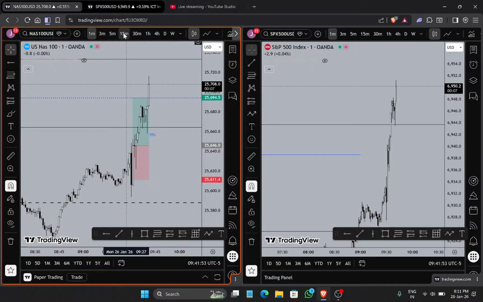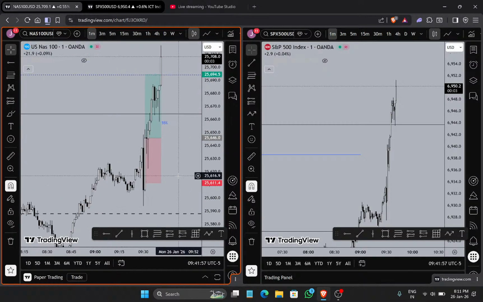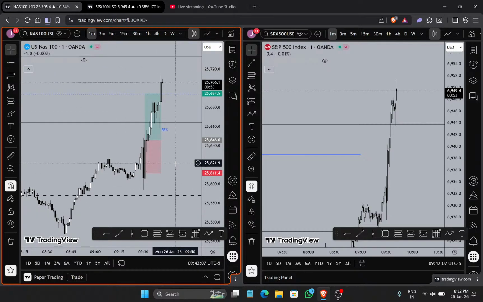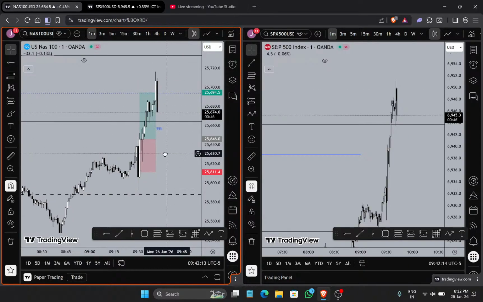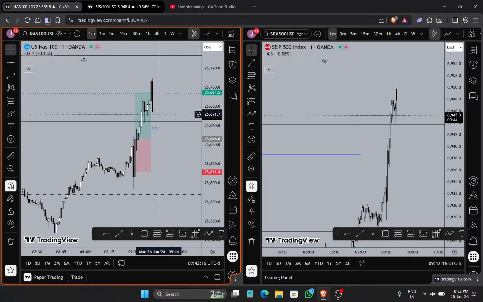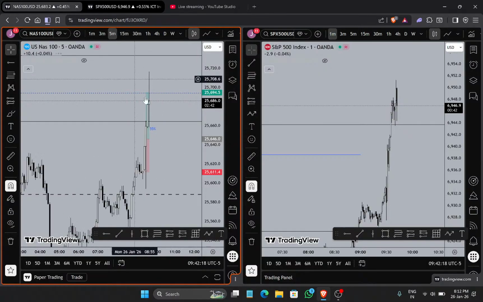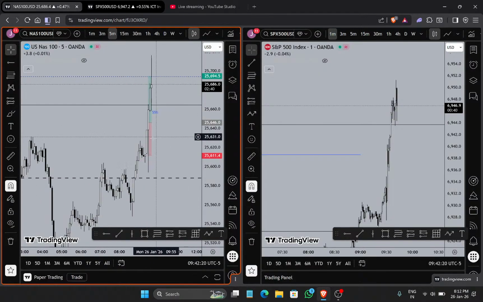We wanted to go to here because we are leaving. I get a correction from here. Get a correction to this move.